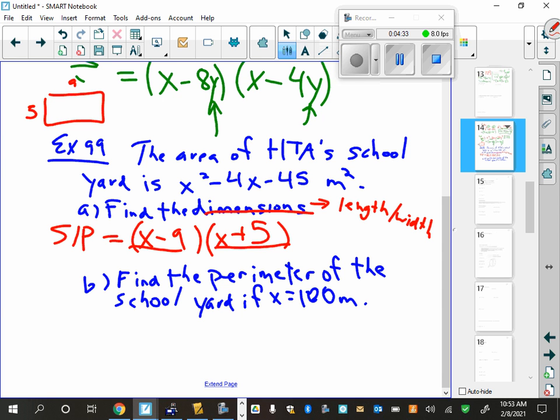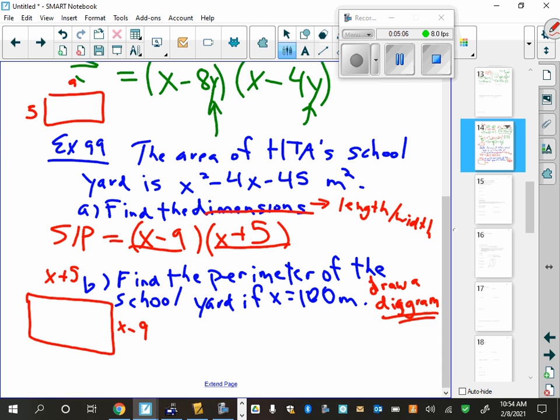Now, the second thing is, what's the perimeter? We'll draw a diagram right here. The width is x subtract 9, and the length is x plus 5. So it helps to draw a diagram. Write that down. You don't have to, but if you don't, you might miss out on both sides, or all four sides.